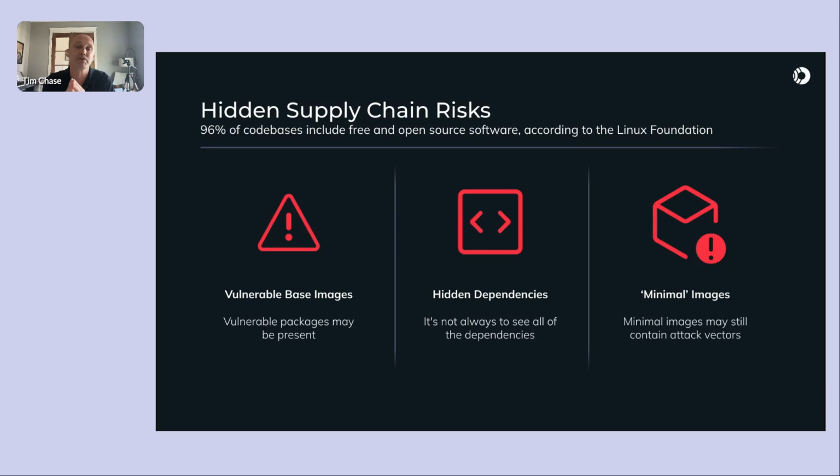And so you need a way to be able to track all of that together to understand your true risks, because maybe you don't use log4j and maybe the open source that you look at doesn't use log4j. But what about if one of the components that you were using uses it, right? So in order to truly have an understanding of your supply chain risk, you need to understand all of your dependencies. And then finally, minimal images.